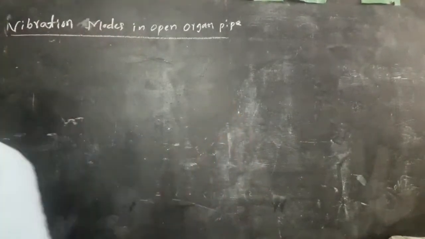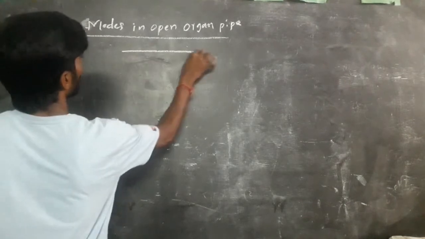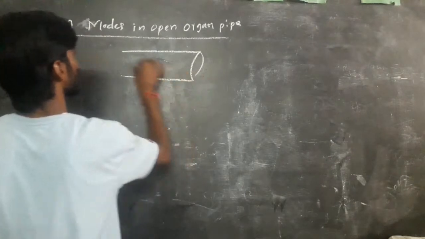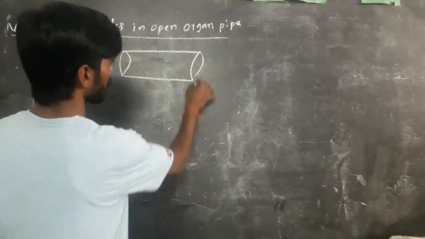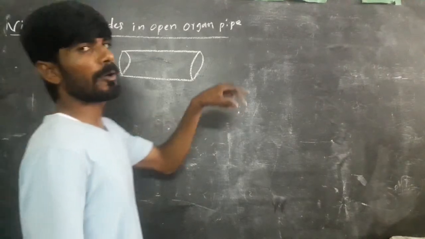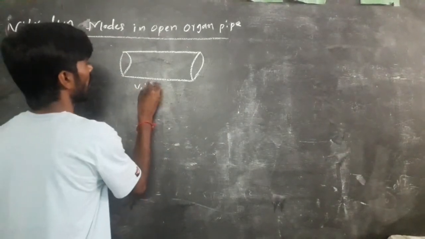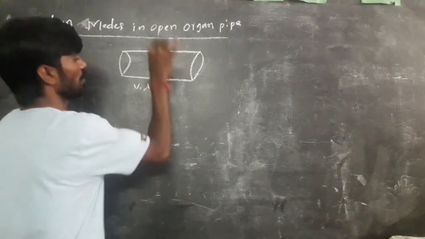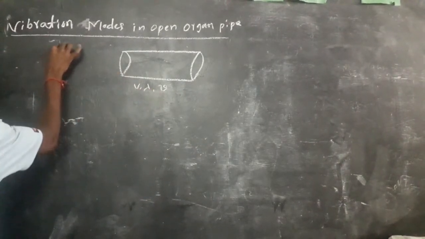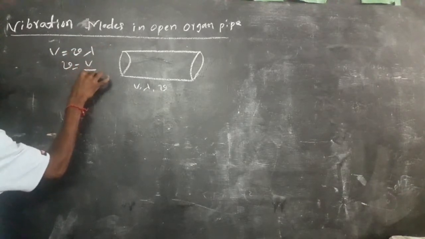Now in an open organ pipe, we already know the general equation. For example, this is the open organ pipe, and both ends are open. When a stationary wave moves with velocity v, wavelength lambda and frequency mu, the general relation is v is equal to mu lambda, and mu is equal to v by lambda.